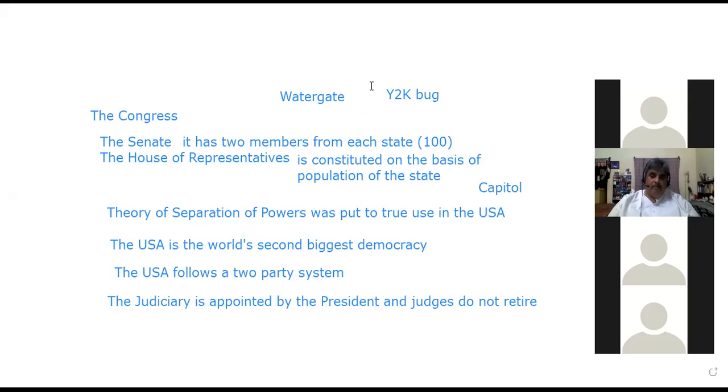And when we talk about computer programs, we are not talking about our computers. We are talking about supercomputers. The world's most powerful and biggest computer is supposed to be the Cray, C-R-A-Y, which is there with the United States.